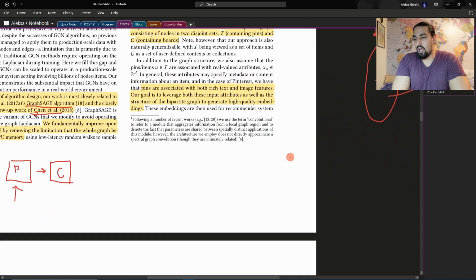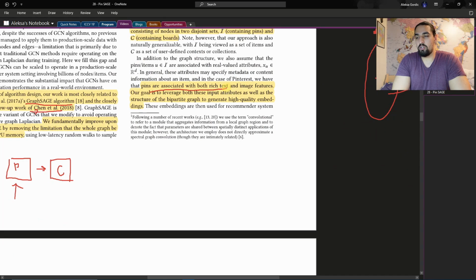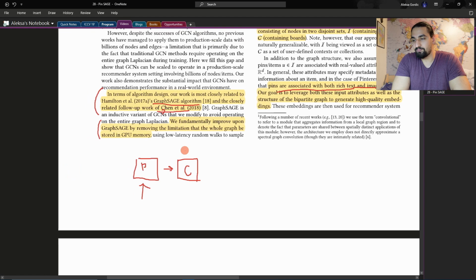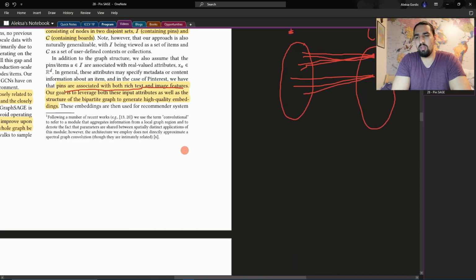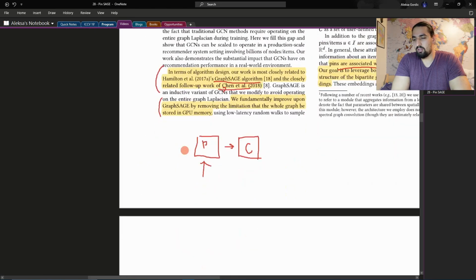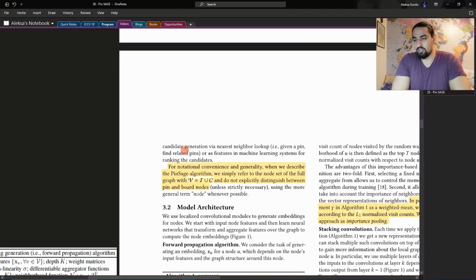I mentioned pins are associated with both rich text and image features, and the goal is to leverage both the features and the graph structure to find those embeddings, which can later be used to recommend related pins, etc. Okay, so now that we know how the problem is structured and what the tasks are, let's dig into some details.